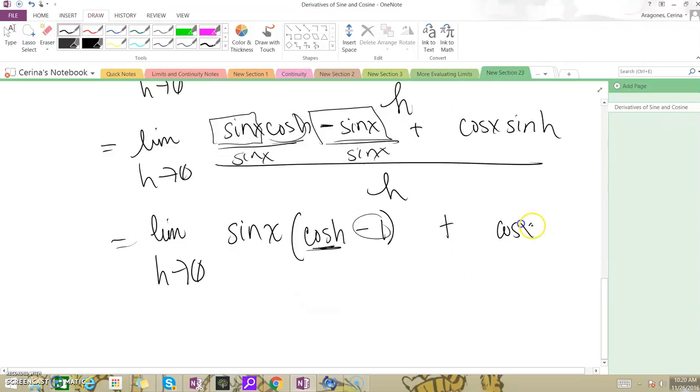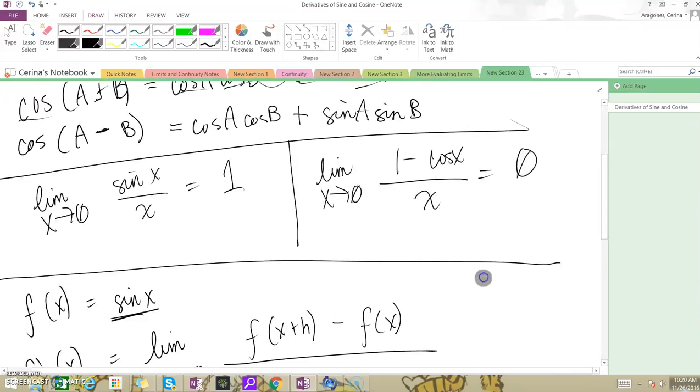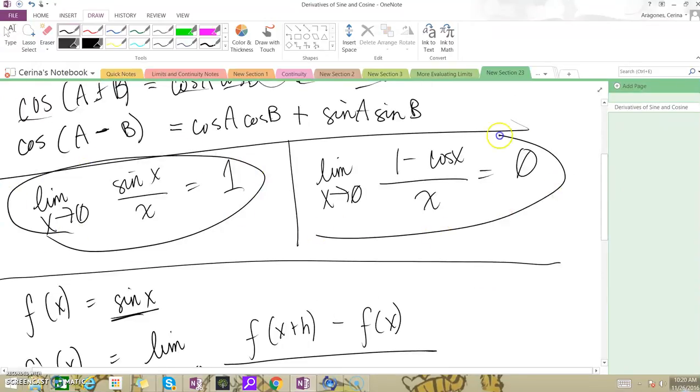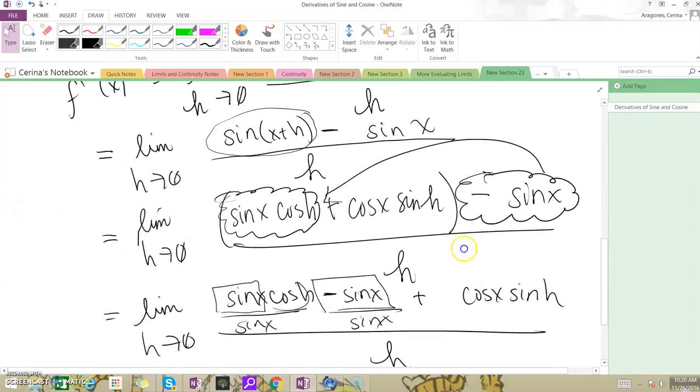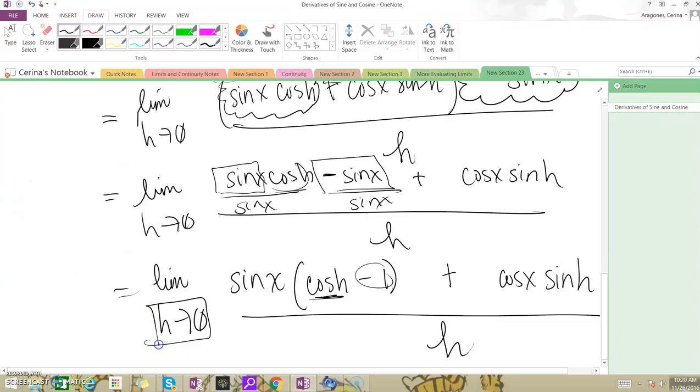Plus cosine x times sine of h all over h. Okay, my goal is to start making things look like these two right here, because I know what they are. I know that the limit as x approaches 0 of sine of x over x equals 1, and so on. And so I'm looking at something that is approaching 0. And I'm starting to see, oh look, I look like kind of what I want.